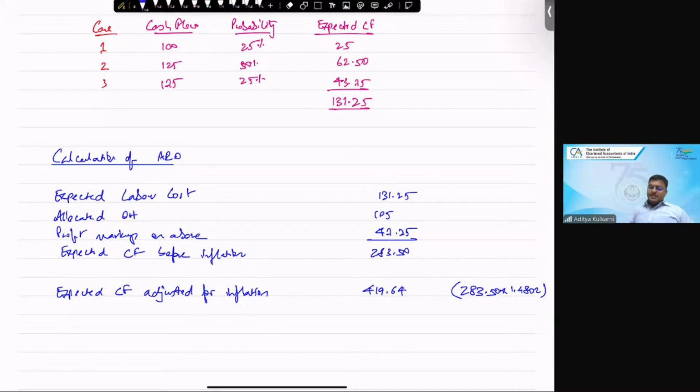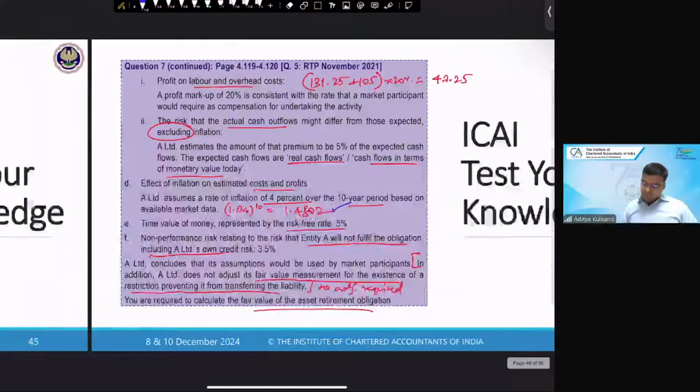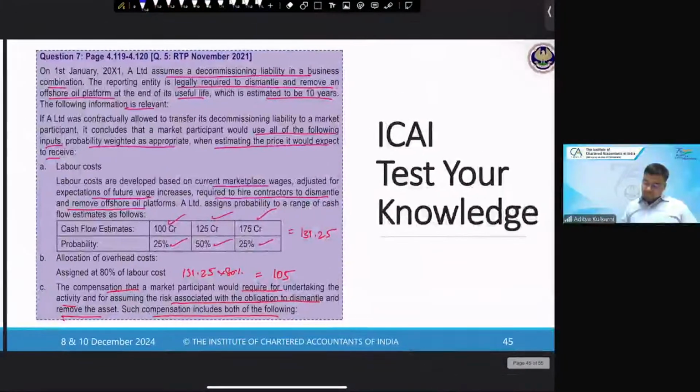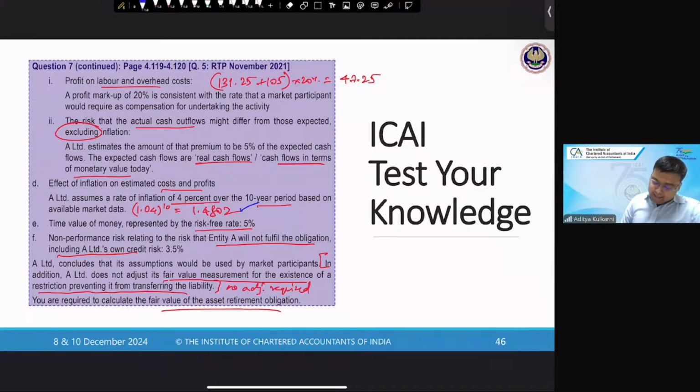Now, is there any risk adjustment? Yes. The risk that the actual cash outflows might differ estimates the amount of that premium to be 5%. Did you understand? What is he saying? These are my estimated cash flows.